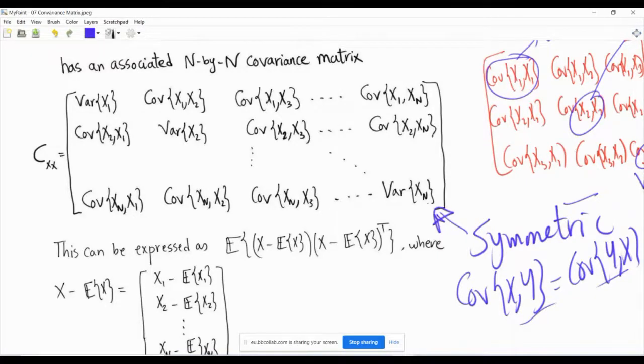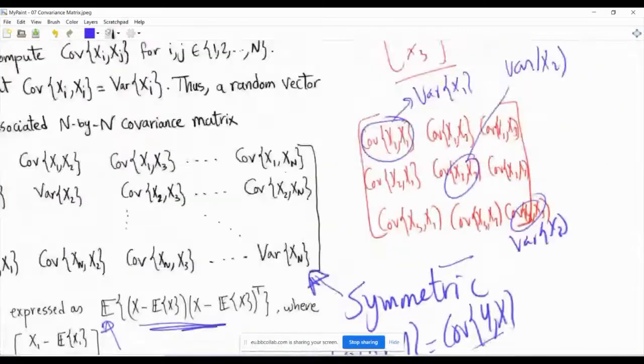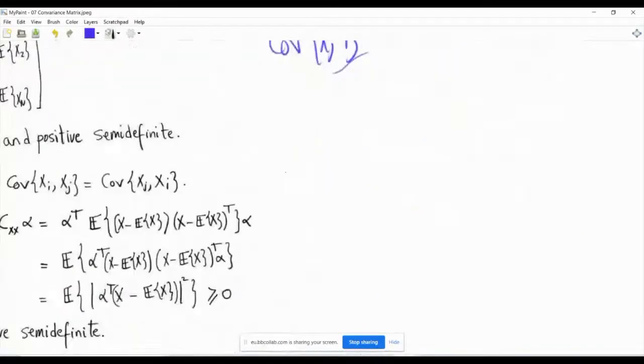Okay, this symmetric matrix can be written in a nice form. It can be written as the expectation of the outer product of two vectors, right? So let me go to the three random variable case. So we write a vector like this: x1 minus expected x1, x2 minus expected x2, and then x3 minus expected x3.